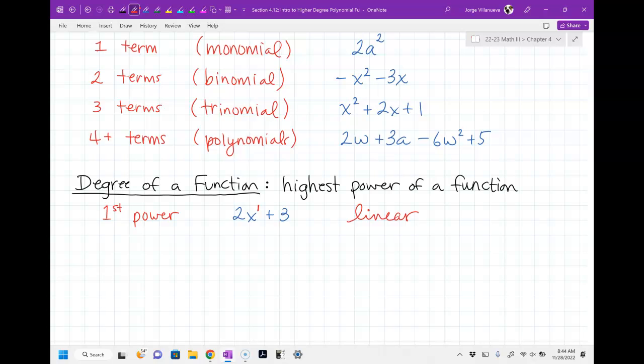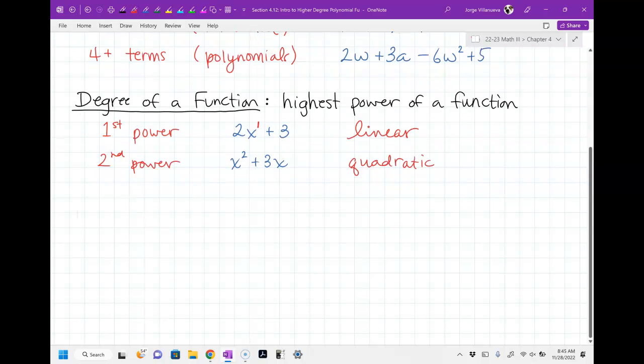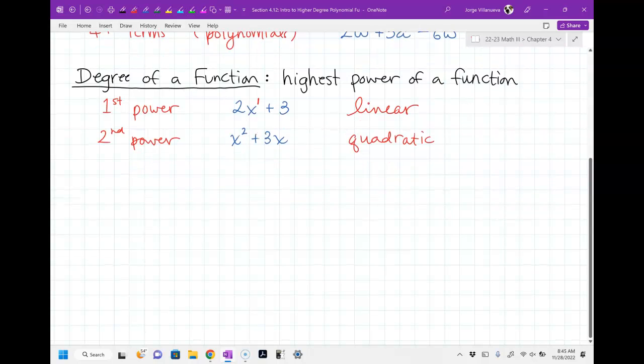Okay, a second power. So maybe something that looks like this, x squared plus 3x. Notice the power that's highest is an x squared, right? This is called a quadratic. Okay, this is a quadratic.